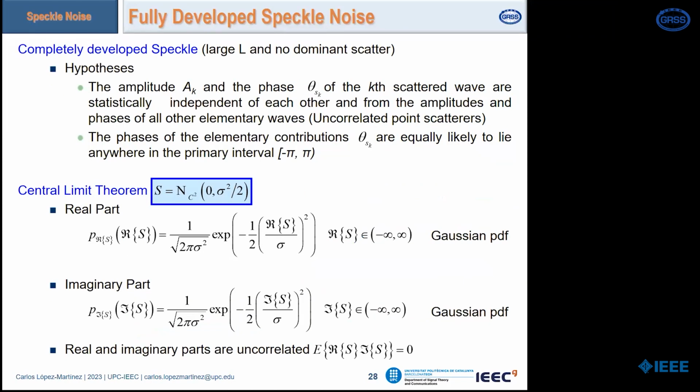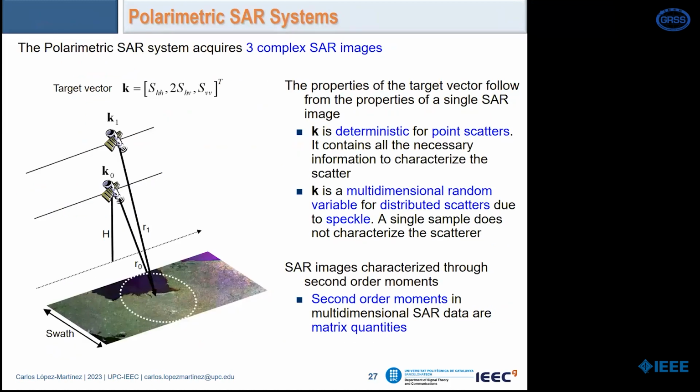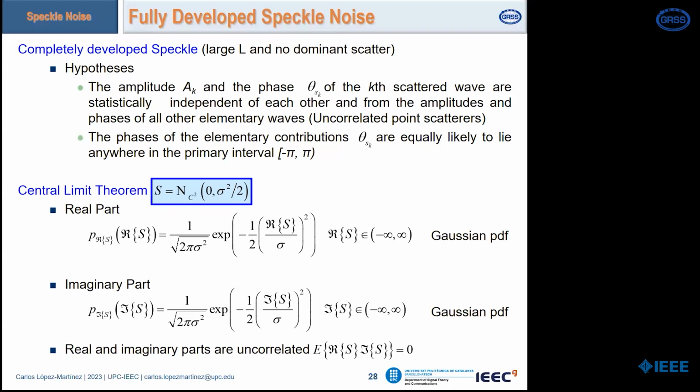So we start with the same hypothesis. Let's assume that each SAR image follows a complex Gaussian distribution as we did before. Real part Gaussian, imaginary part Gaussian, uncorrelated.